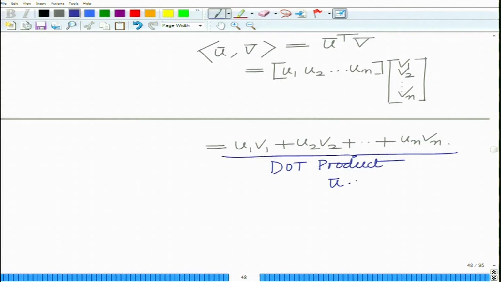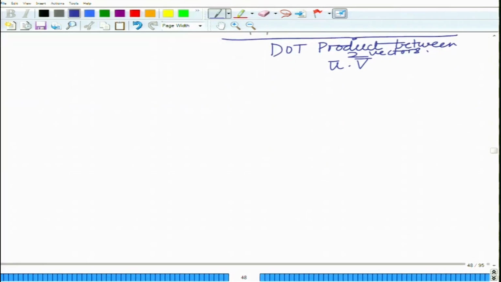Okay. This is the dot product between two vectors, in fact, more specifically two real n dimensional vectors. Now, we will show that dot product is an inner product.